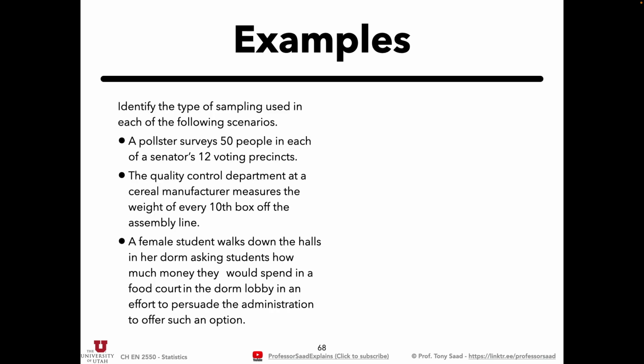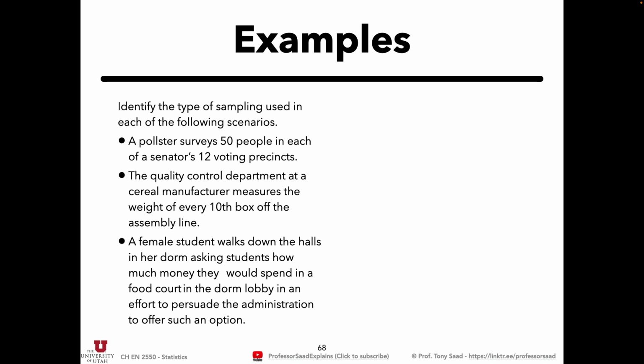All right, here are some examples. You want to identify which method of sampling was used. We start with the first one. A pollster surveys 50 people in each of a senator's 12 voting precincts. So this should immediately put you between either stratified or cluster sampling. Okay, probably forgot the definitions.